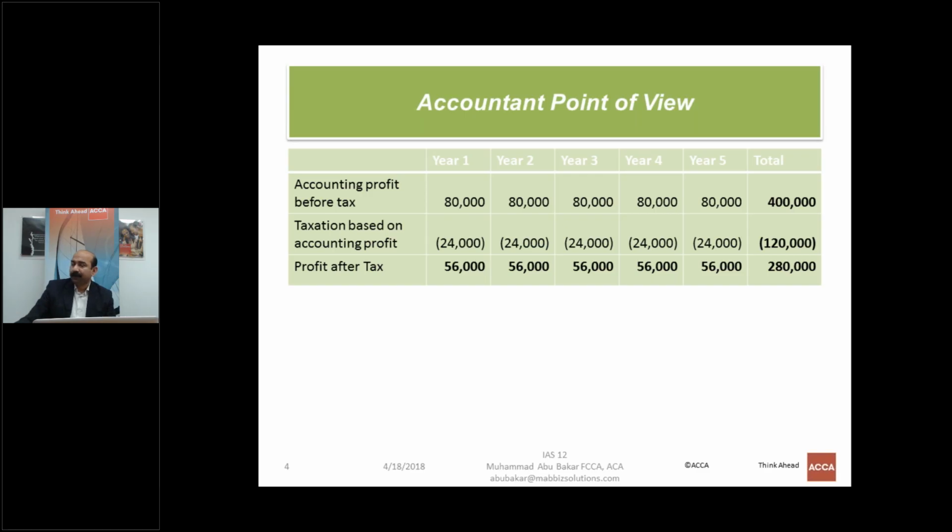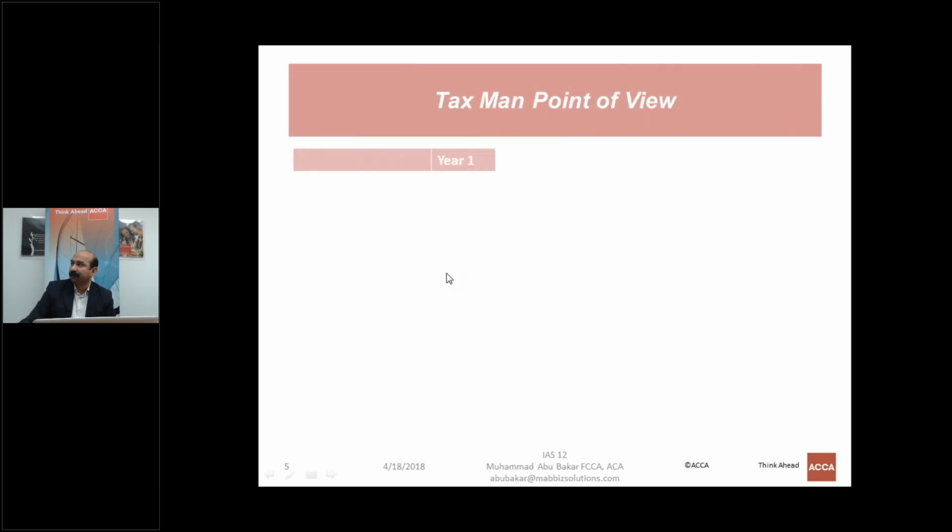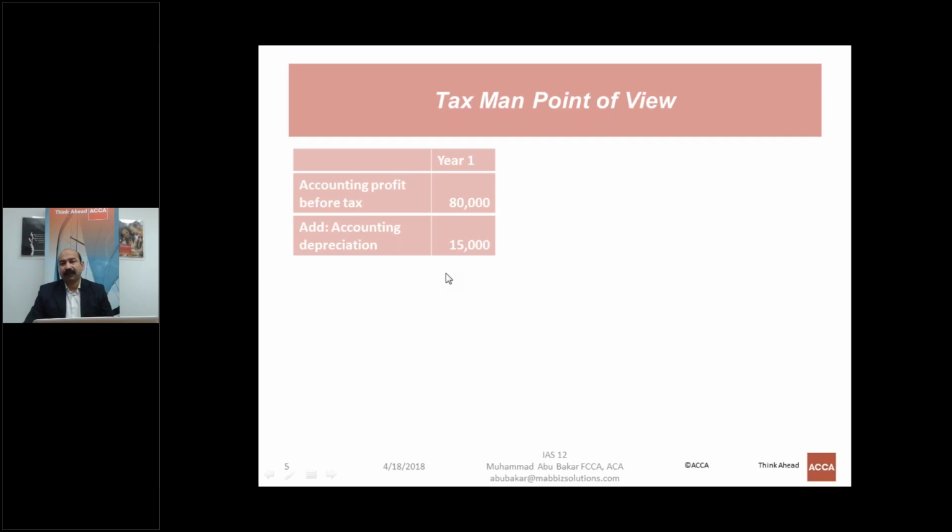Okay. Now, from the tax point of view, in year 1, for tax purposes, you will be adding back the accounting depreciation, because here we are going to calculate taxable profit.